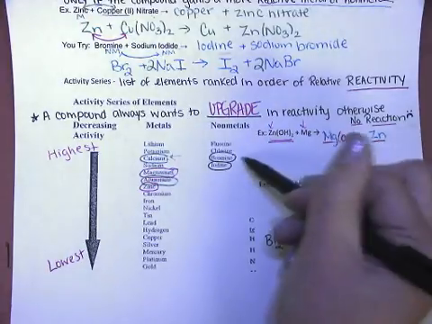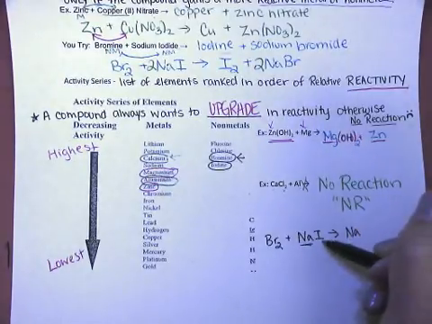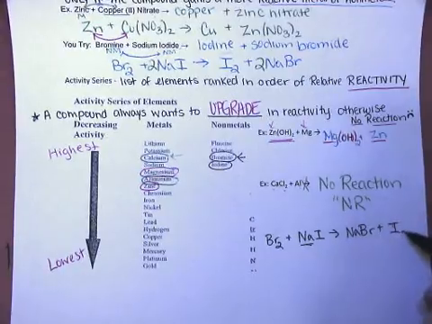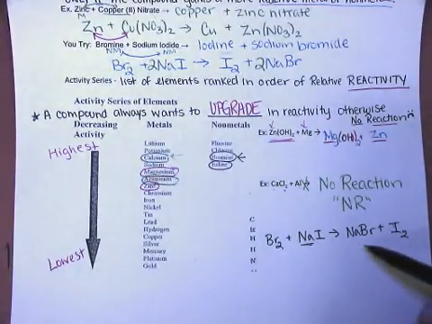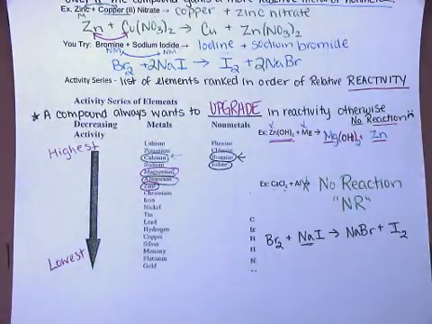Okay, so my more reactive nonmetal is bromine. So my sodium is going to swap out my iodine for my bromine and is going to kick out the iodine. So therefore, this reaction would happen. So whenever we see single replacement reactions, we need to double check our activity series to make sure that they happen. I like to go ahead and write them all out first and then go see.